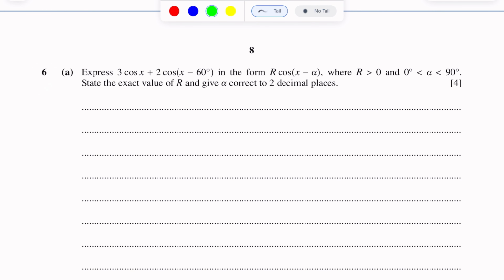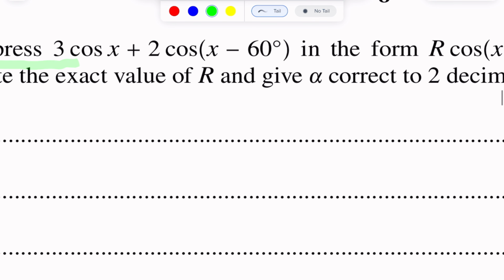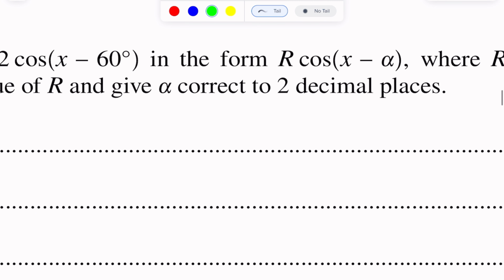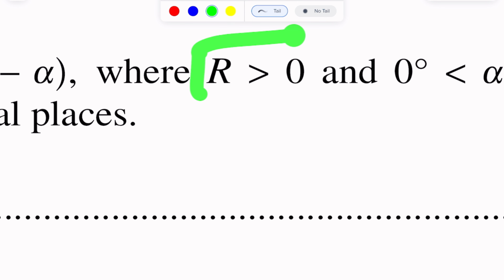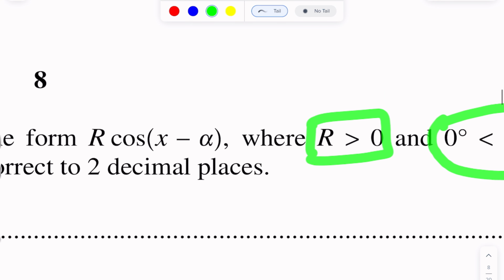Question 6. This question is of trigonometry. Express 3 cos x plus 2 cos(x minus 60 degrees) in the form r cos(x minus alpha), where r is greater than 0, that is, r is positive, and alpha lies between 0 and 90.